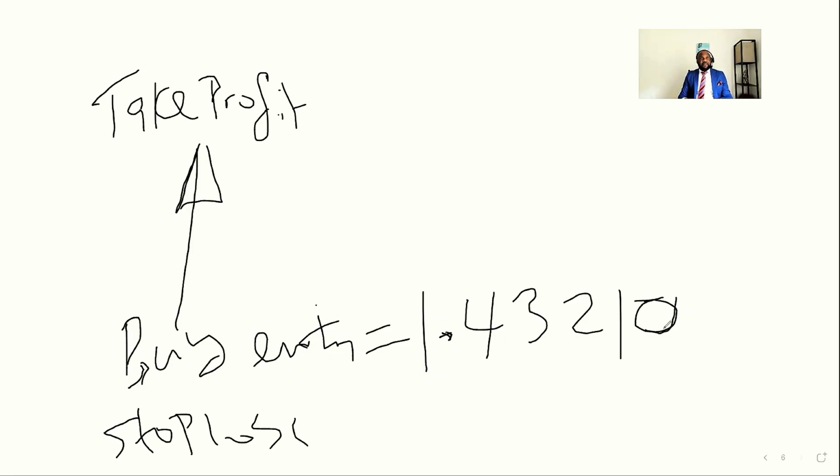Now, I told myself, if my speculation is right, I want to target a profit of 100 pips. Let me make life easier for you: a profit of 100 points. Although we work a lot in pips here, let's start from small to hard.